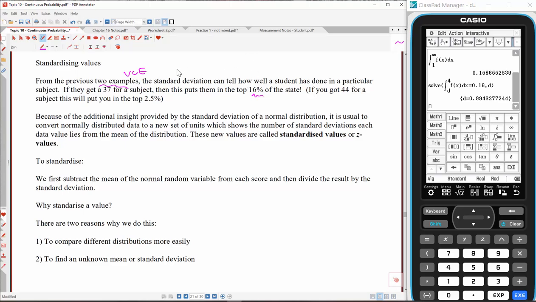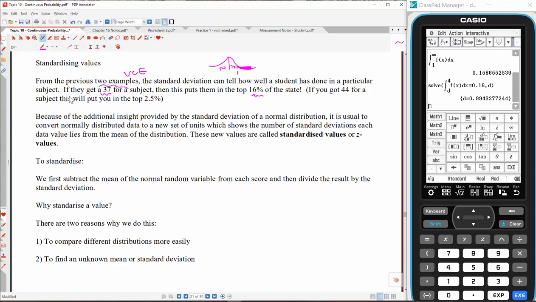Okay, so if you get a 37, you basically sit here, 1 standard deviation above the mean, which means that you are basically within this group here. Okay, and that's what we did in the last part there. That's 50%, 34%. So you're above 84% of the state if you get a 37. So pretty impressive. Nothing to scoff at getting a 37.